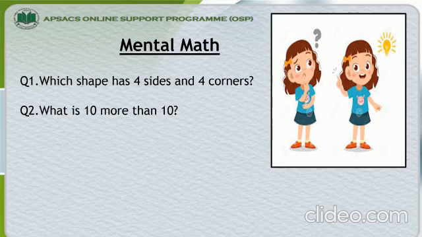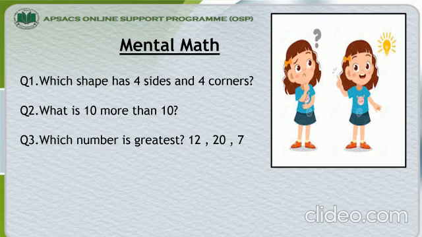Yes, add 10 in 10. So what will be the answer? Yes, it's 20. Now question number 3 is, which number is greatest? 12, 20 or 7? Yes, 20 is greatest here.